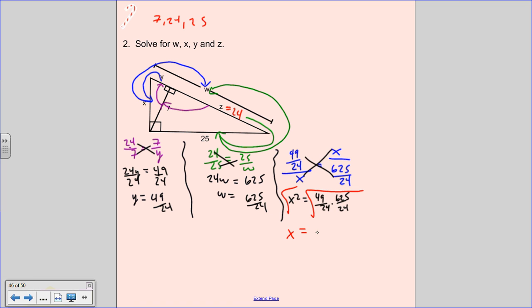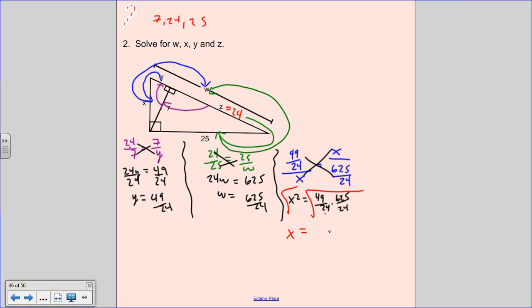So x would equal, 49 is a perfect square, 625 is a perfect square, and then 24 times 24 is basically a perfect square.